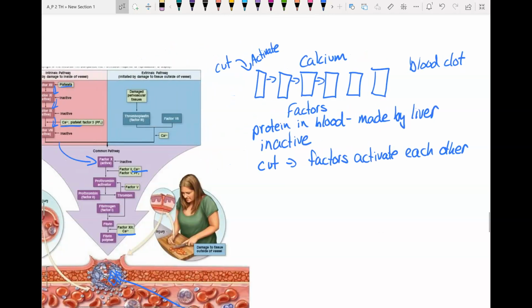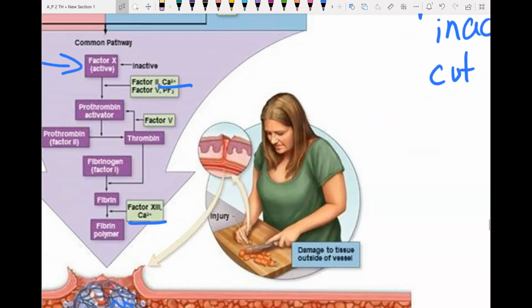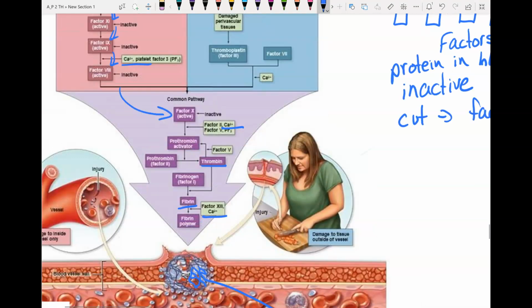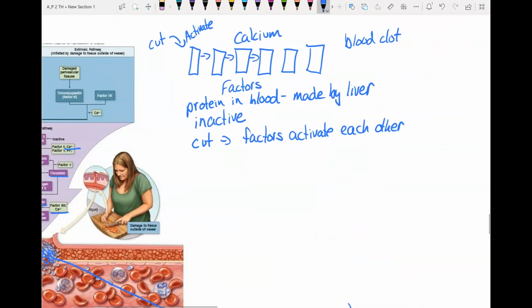Okay, when you get to the end here, the last couple of them are thrombin and fibrin. So the last domino is going to be fibrin, because this is the web that catches the formed elements.